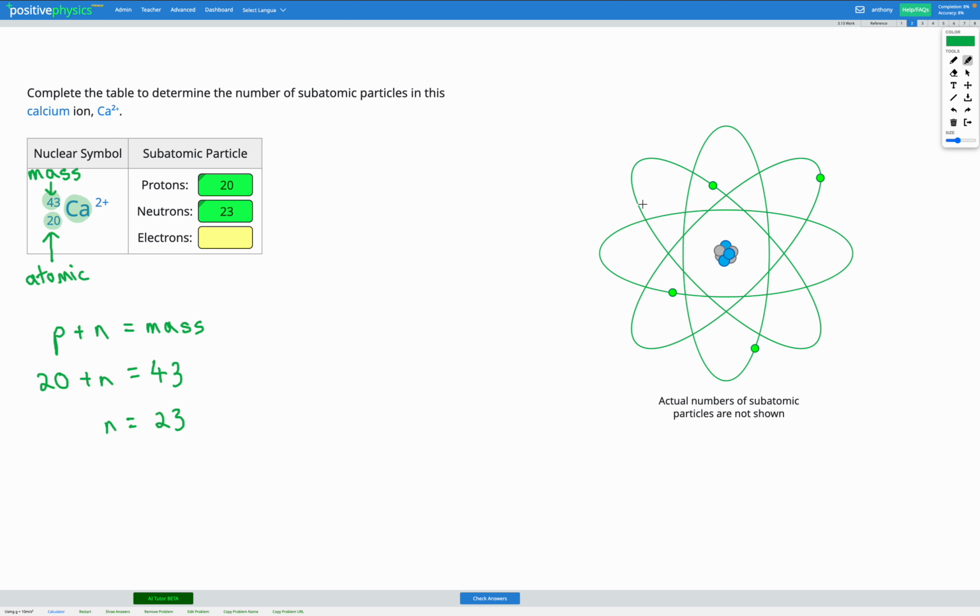Lastly, I'm going to use the charge here, which is 2+. Now, we know protons are positively charged and electrons are negatively charged. So if we have a positively charged ion, that means we have more protons than electrons. Whereas if we have a negatively charged ion, that means we have more electrons than protons.